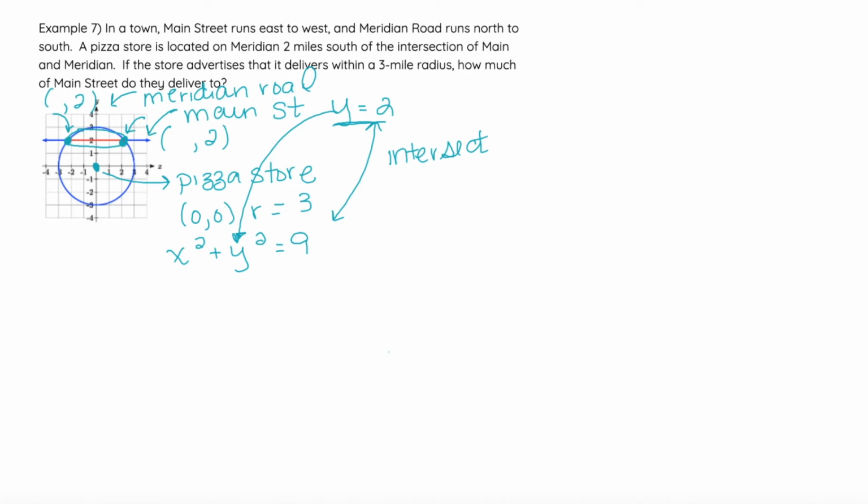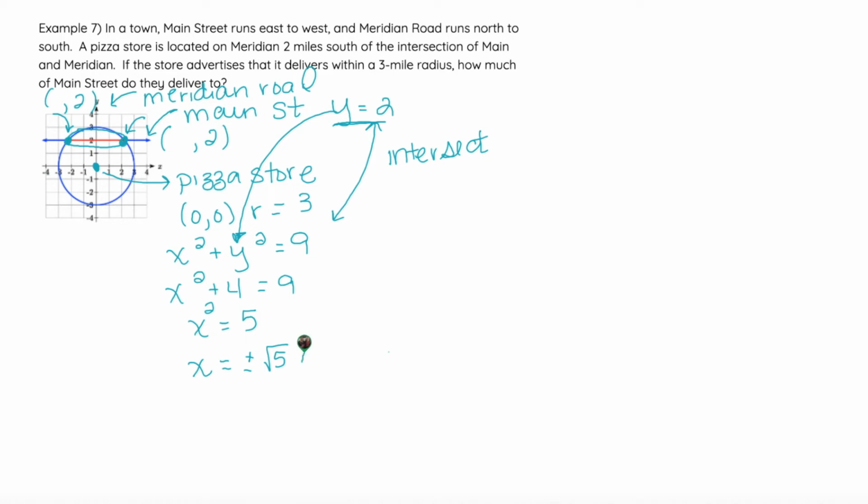We can't assume that it's exactly at 2 because it's really not. So we'll substitute 2 and we'll have x squared plus 4 is 9. X squared is 5. So therefore x has to be plus or minus the square root of 5. Please note, friends, that if I were to tell somebody that the distance was about square root of 5 miles from something, they would probably look at us a little silly.